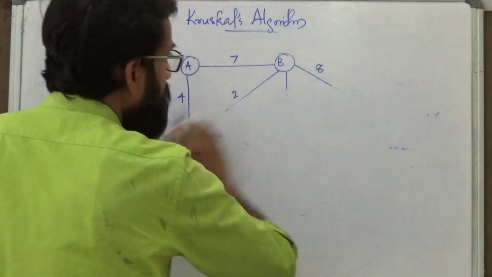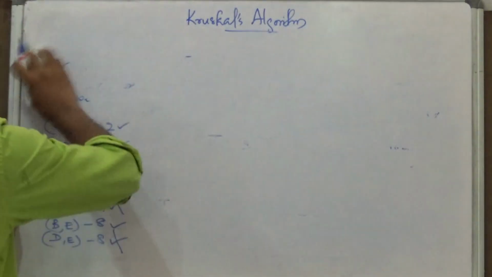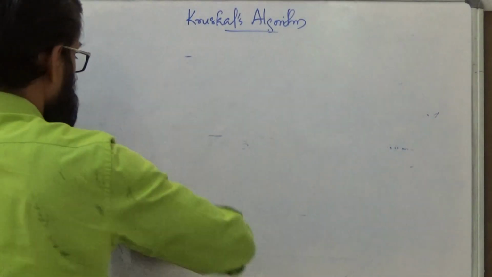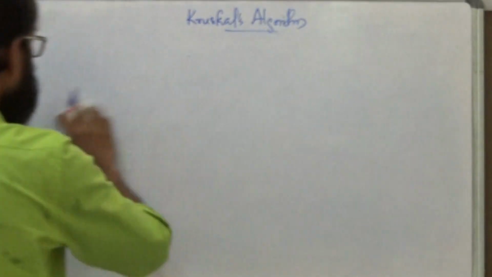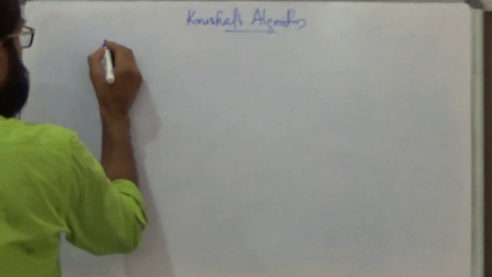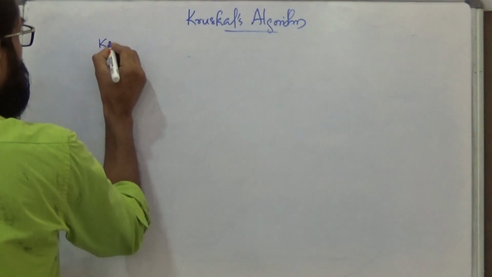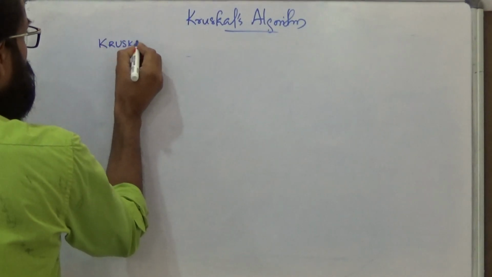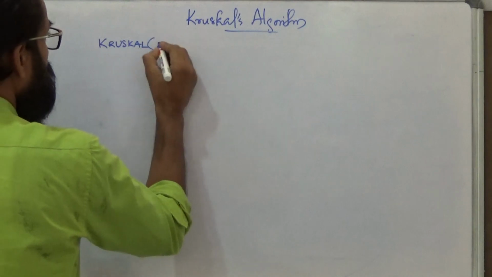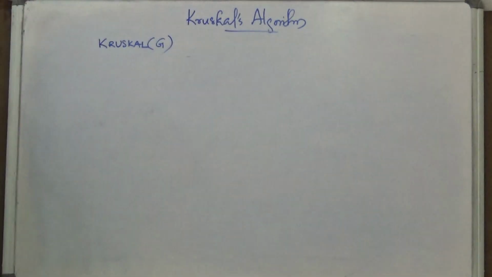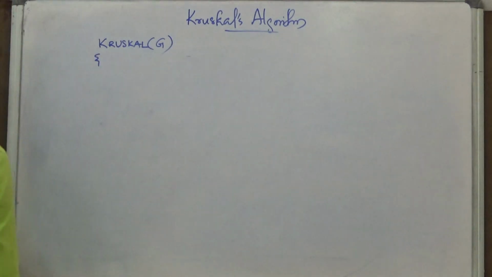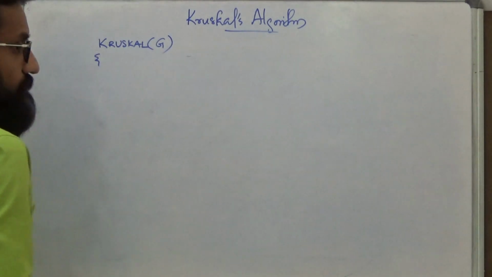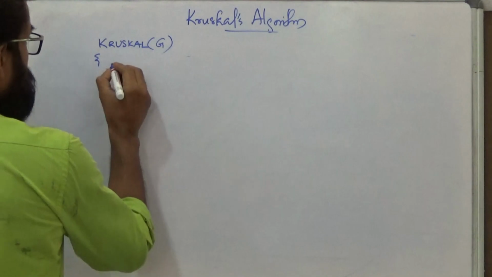Now let me formalize this algorithm. It will receive the weighted graph G as parameter. So what is the first step?